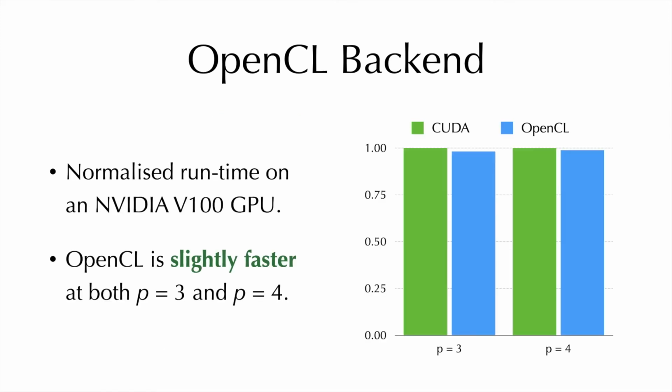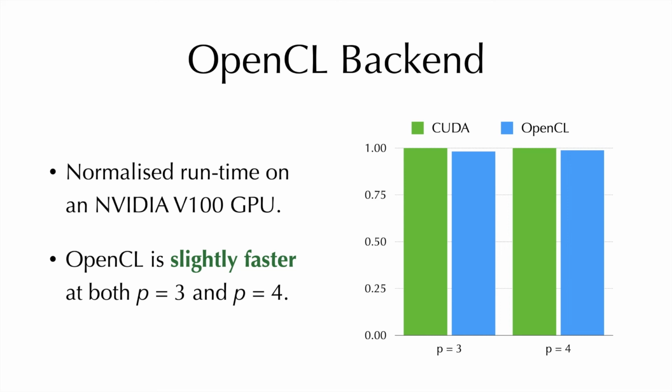Looking at the performance of this particular test case at two different polynomial orders, remembering that since PyFR uses this high-order flux reconstruction approach, we can choose what polynomial order we want in each element, and this has some impacts on the overall performance characteristics and scalability of the algorithm.